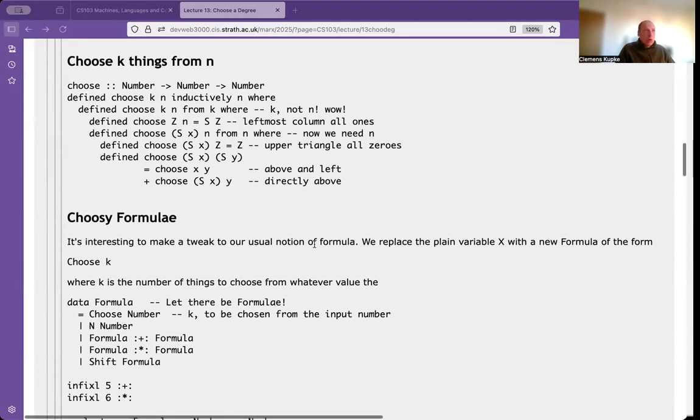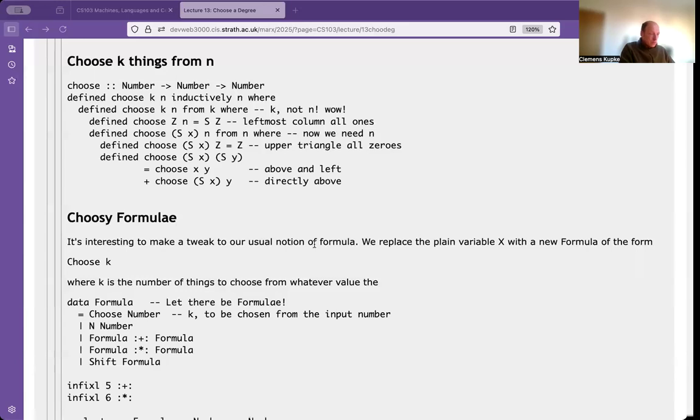And then we sneakily rejigged our type of formula to include all the choosers instead of the variable. Of course, where we had x before, you can now write choose one, right? Because from x things, there are x ways to choose one.